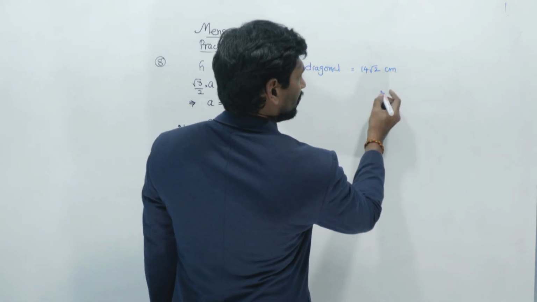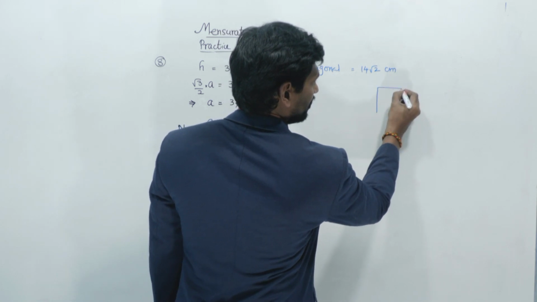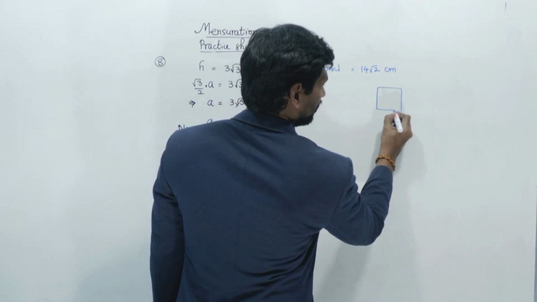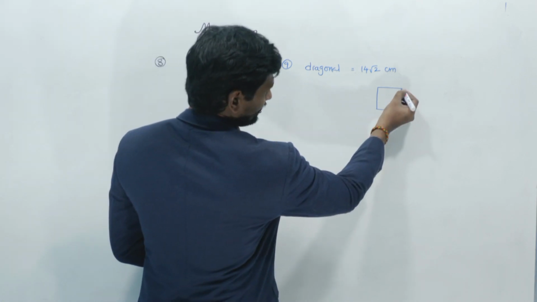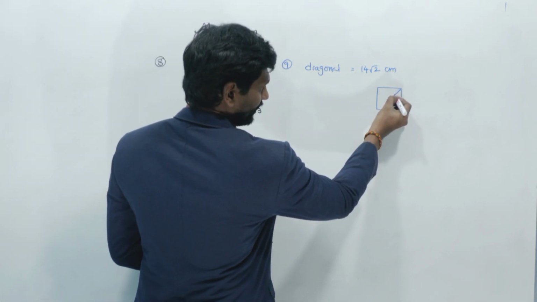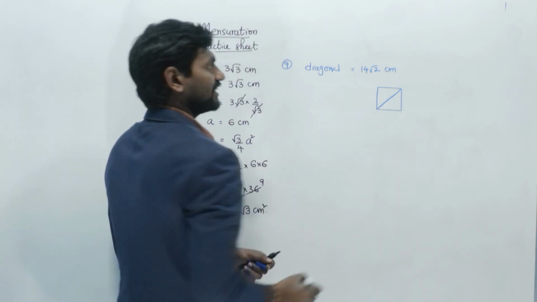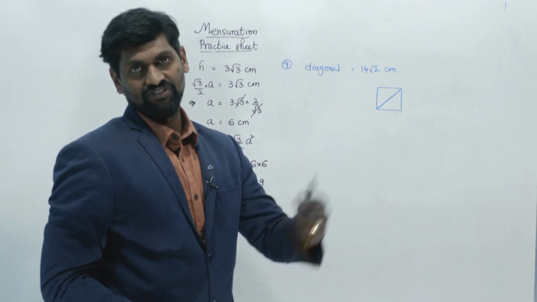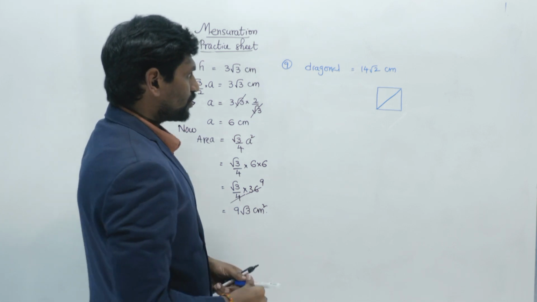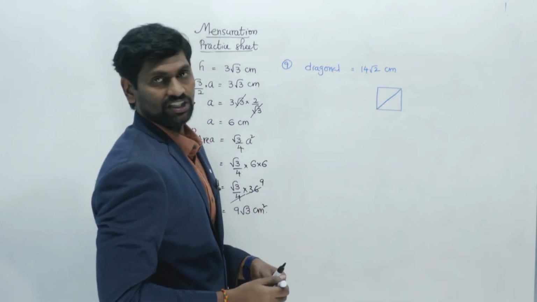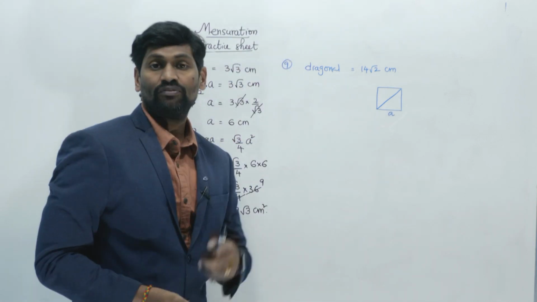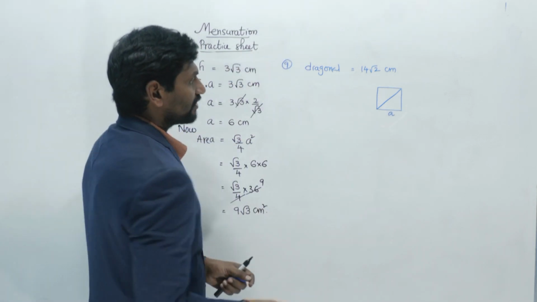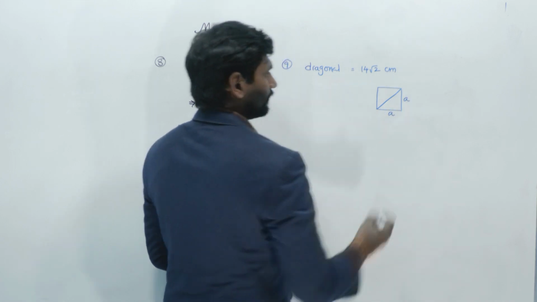We don't know the side of the square, so let us try to draw the square diagram. A diagonal is nothing but the line segment which connects opposite vertices. And you already know a square has all sides equal. That means if you take the square, the length of a side is A, all of them are A only.